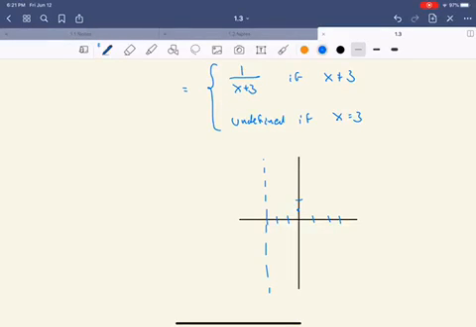So at 1/6, I'm going to have an open circle there. And my graph is going to look like so. On the other side, it's going to look like so. This looks very similar to the 1 over x graph, actually. But it does have this hole here at x equals 3.